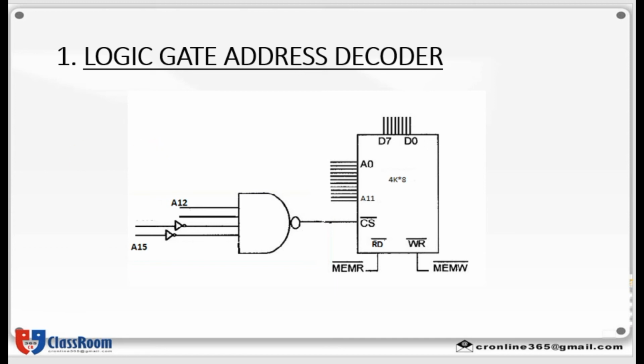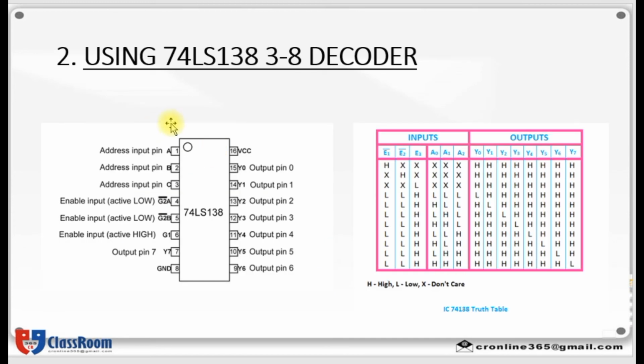Then second one, by using the 74LS138 decoder. This is the most widely used address decoder. Here you have 3 inputs, A, B and C. These are the input pins.